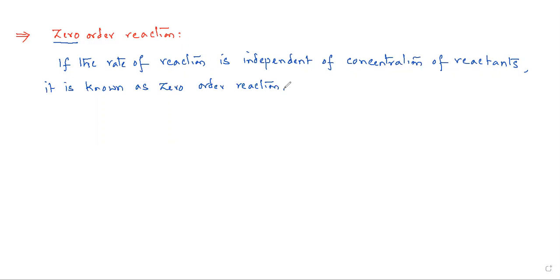It can also be defined as a reaction in which rate of reaction depends on the zeroth power of concentration term. Zeroth power of concentration is nothing but independent of concentration. So both are the same. Next, let us go for some mathematical expressions in this.